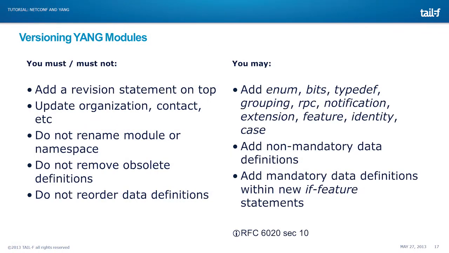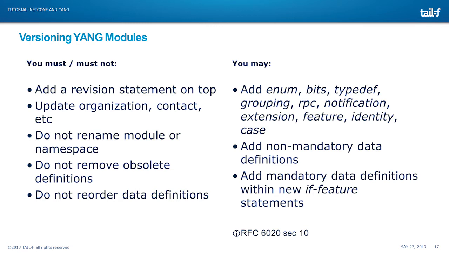Now, let's talk about versioning our Yang modules. Yang has built into it the concept of data model revisions because through the life cycle of our device, we will have new or different revisions of models as that device goes through its life cycle. So this has been designed into Yang from the ground up.